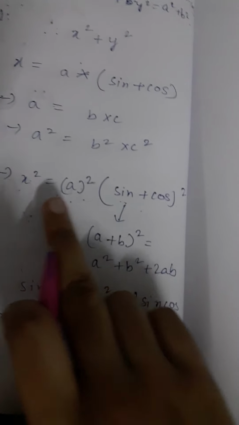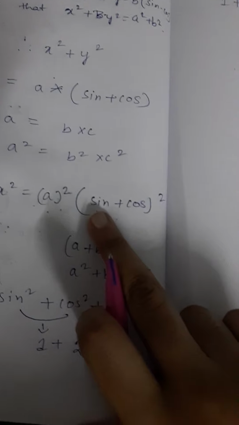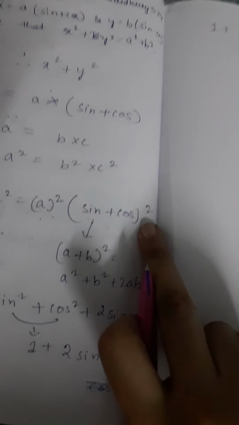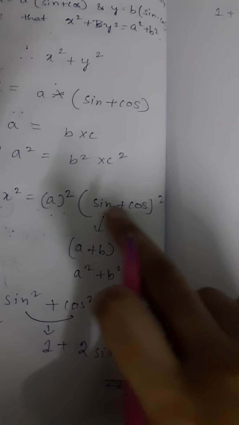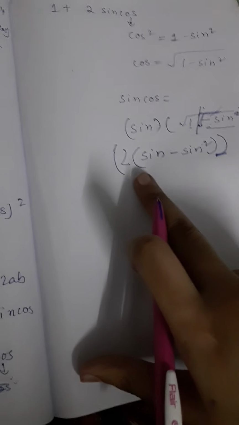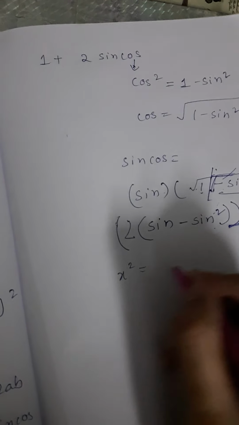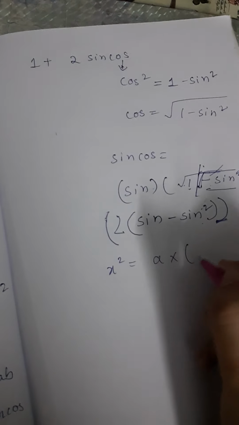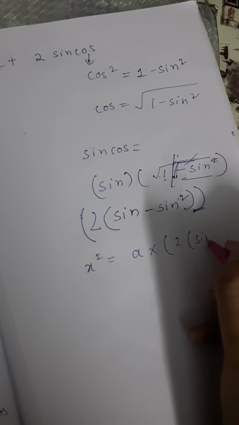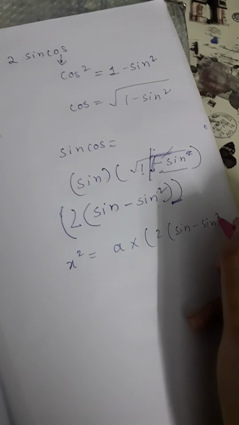Remember the value of x squared is a squared into sin plus cos whole squared. Now this value is this. a squared is, we can't simplify it. Now you can write that x squared equals a squared into 2 sin minus sin squared.